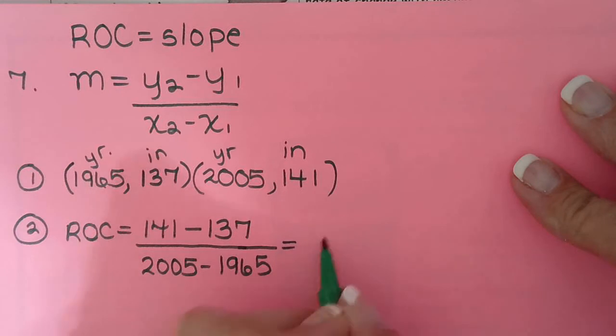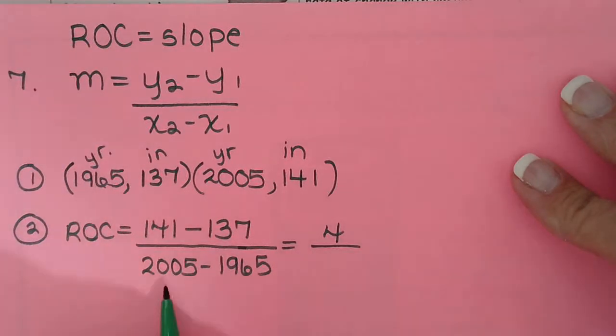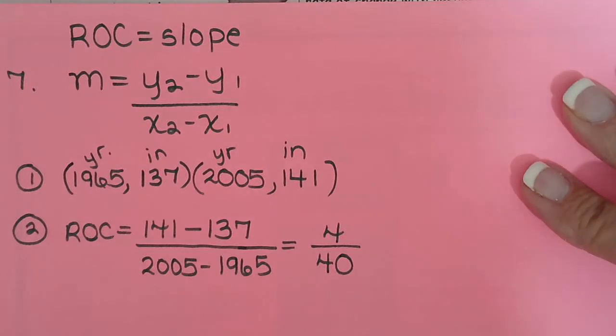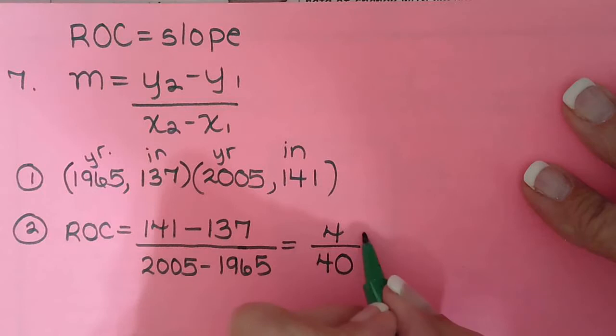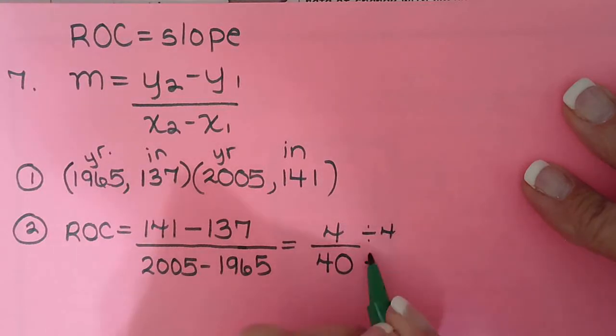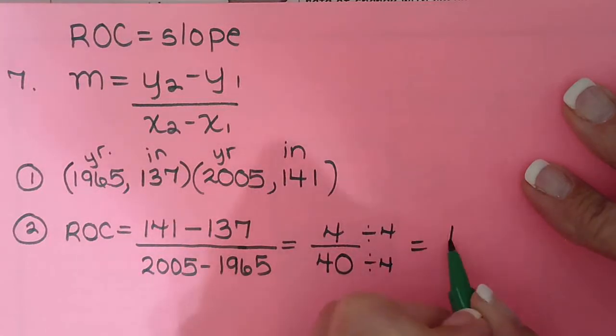And that's going to give us 4 over 2005 minus 1965, which is 40. And just like any other fraction, slope always has to be simplified. So these are both divisible by 4, so we can write 1/10.